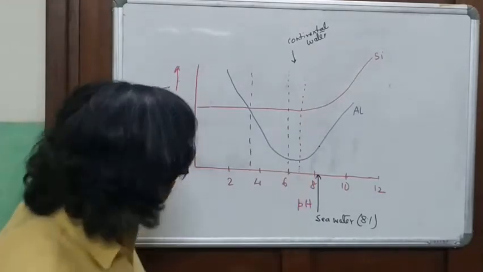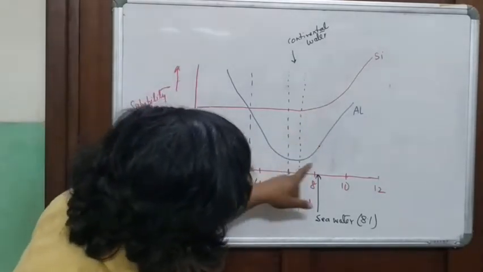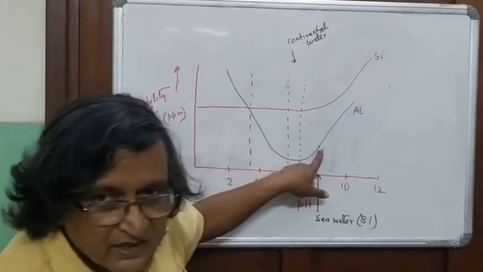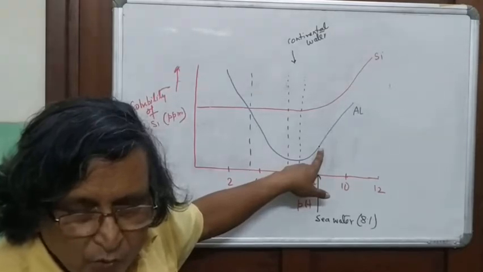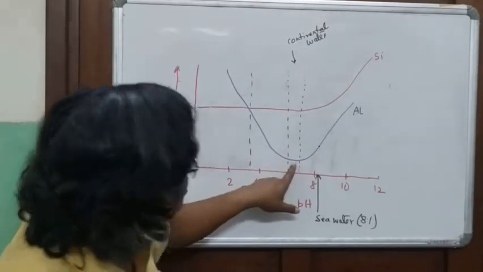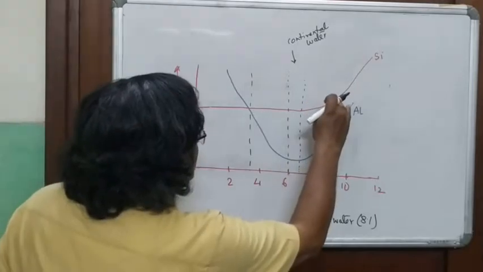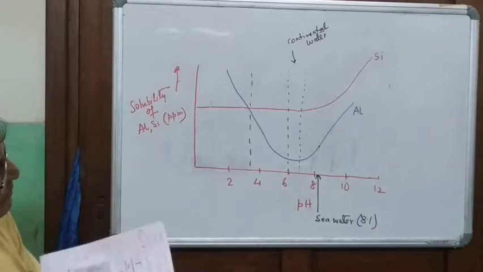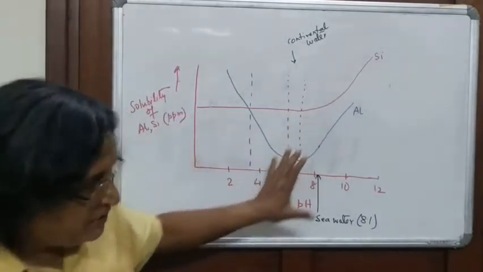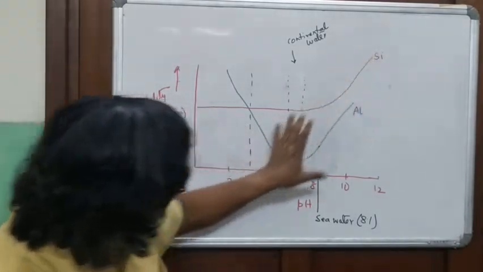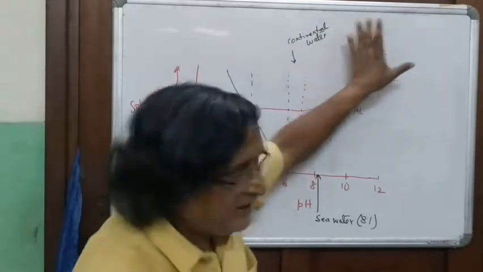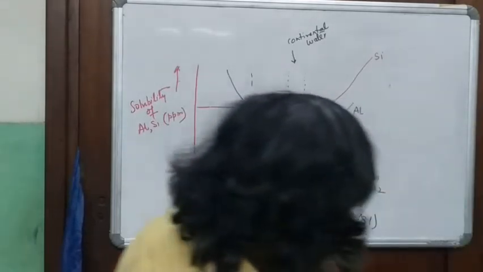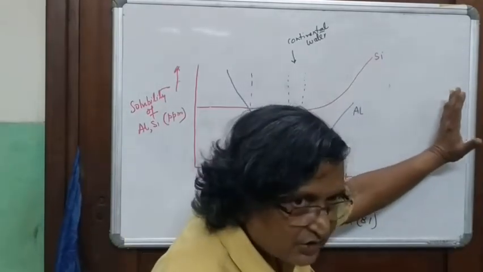Have you understood? In the aluminium graph, if you are here compared to here, the aluminium solubility is higher. So aluminium solubility in the ocean water is higher than in the continental waters. But the solubility of silicon is even higher. So the important point is that in the acidic environment and in the alkaline environment, the solubility of both aluminium and silicon increases dramatically. Although you don't have more alkaline rocks than this.